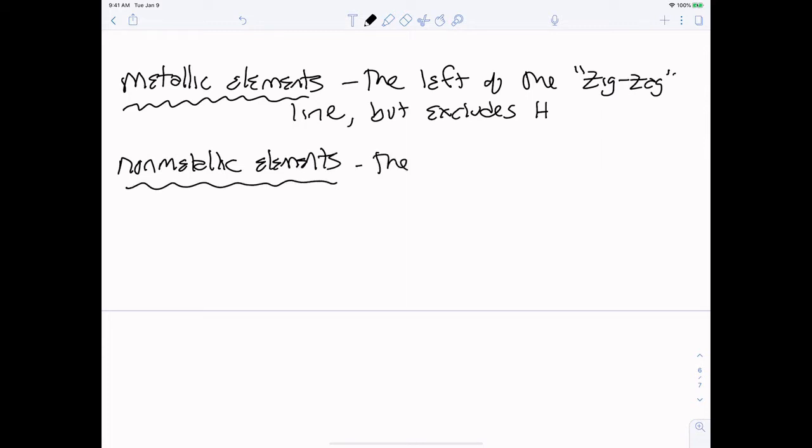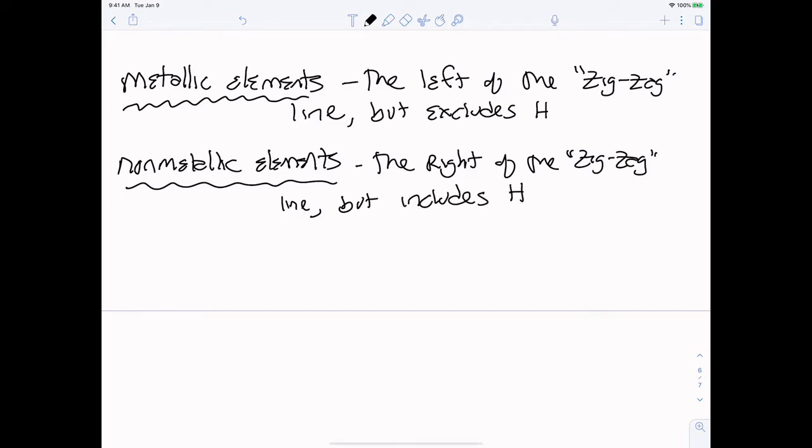These are to the right of the zigzag line, but includes hydrogen. And then the properties, these are the opposite of that of a metal. So they tend to be brittle, not malleable. They're not good conductors of heat or electricity.